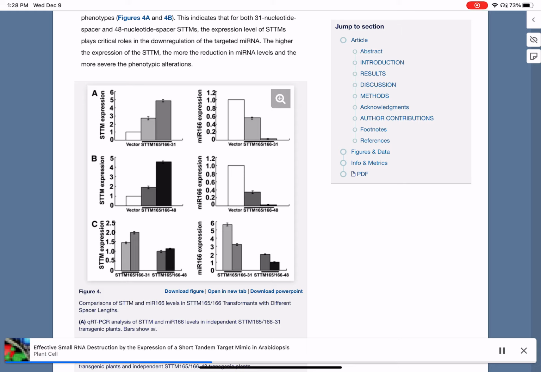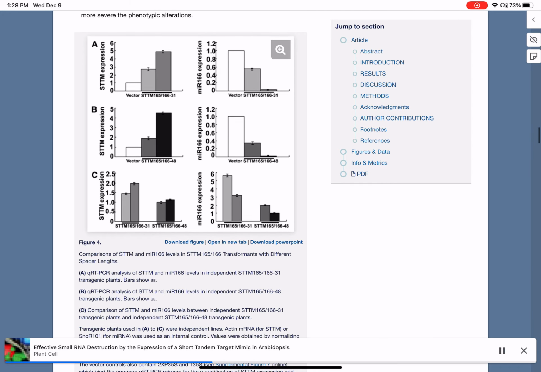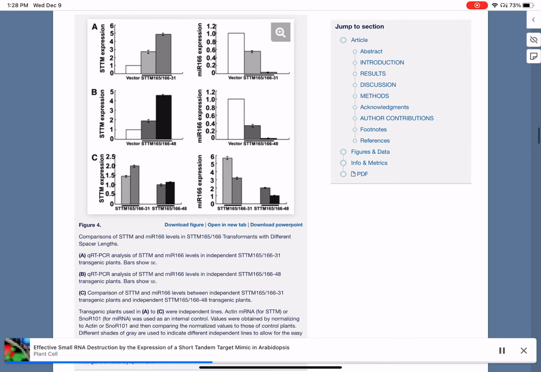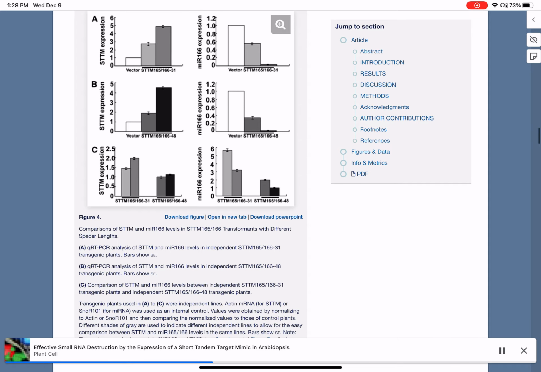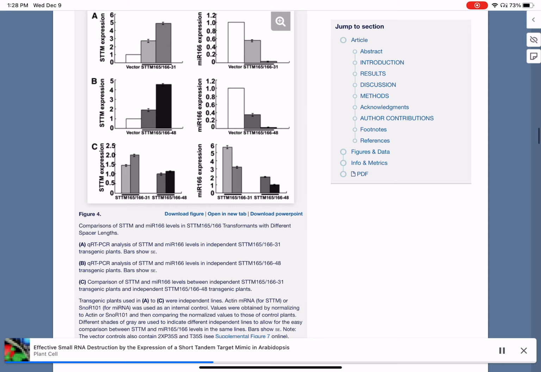alterations. Comparisons of STTM and Mir-166 levels in STTM 165-166 transformants with different spacer lengths. A. qRT-PCR analysis of STTM and Mir-166 levels in independent STTM 165-166-31 transgenic plants. Bars show SE.